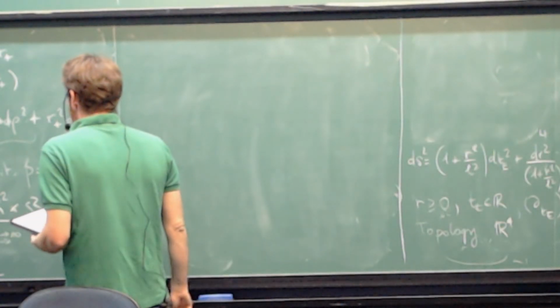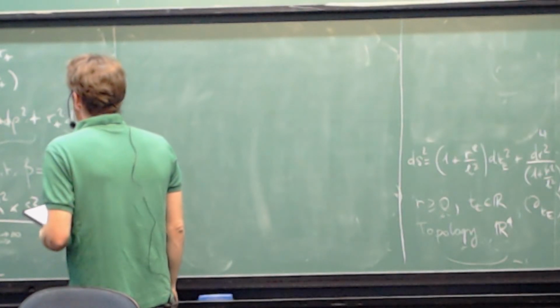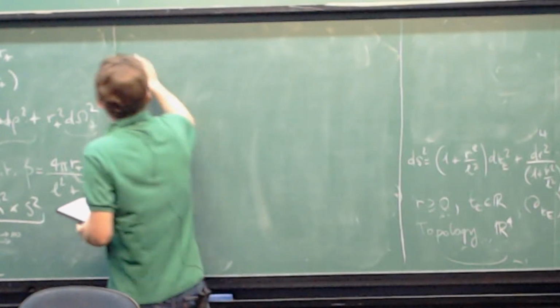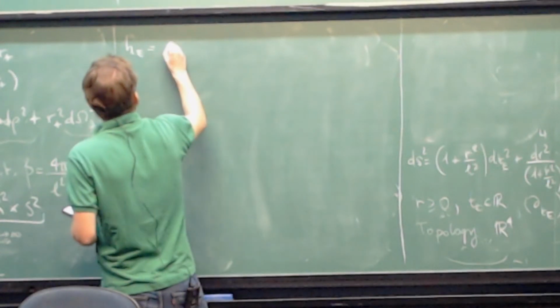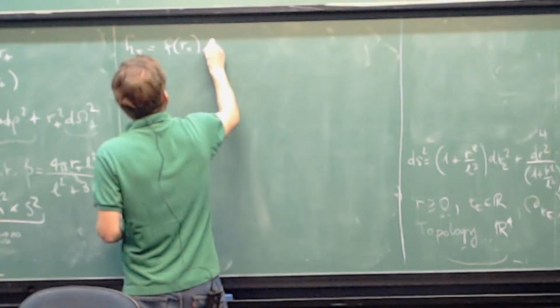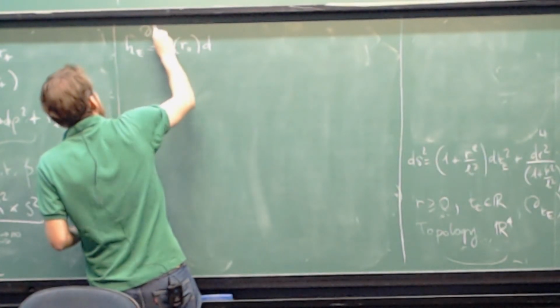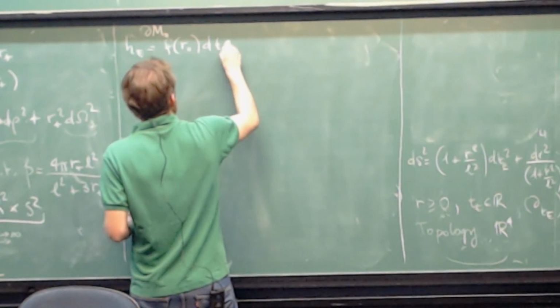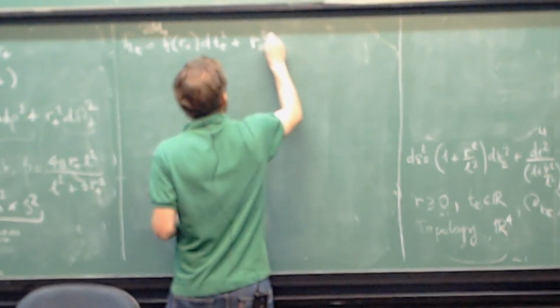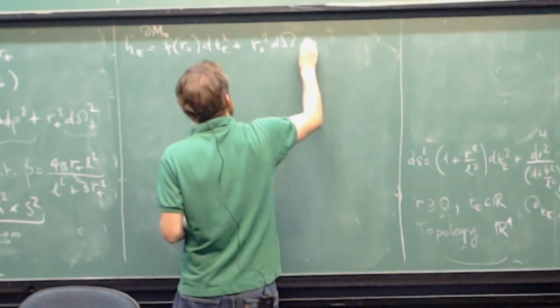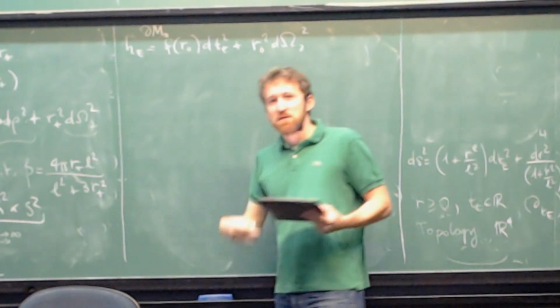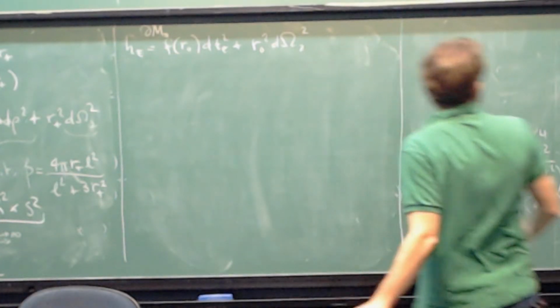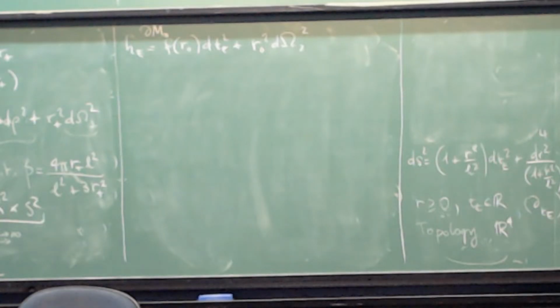So I can study the induced metric on the surface of r equal to r0. I can compute the on-shell action in the same way that I did earlier.